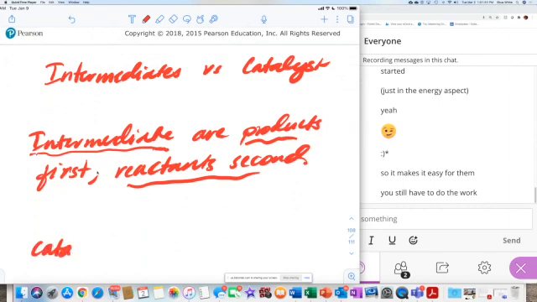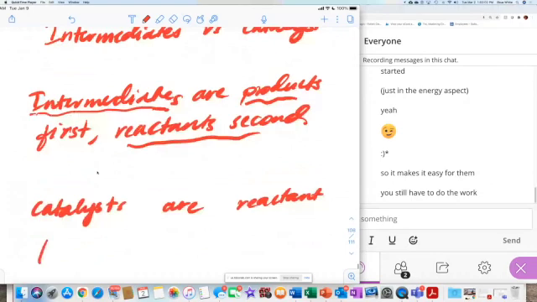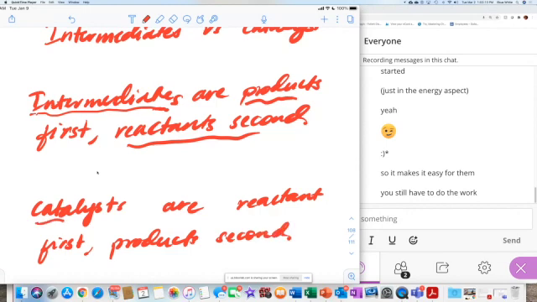So the catalysts are reactant first, products second. And if you know the definition of catalyst, then this works, right? Catalysts are chemicals that are neither reactants nor products.